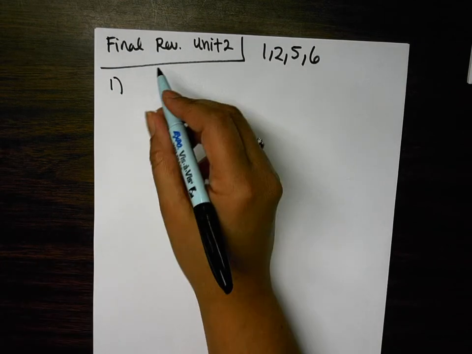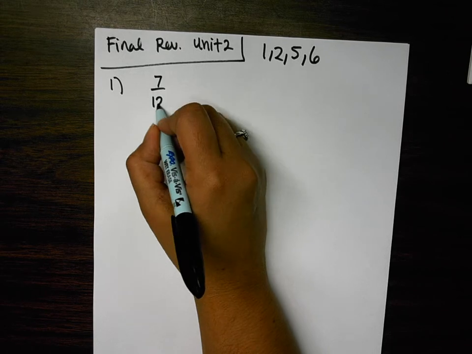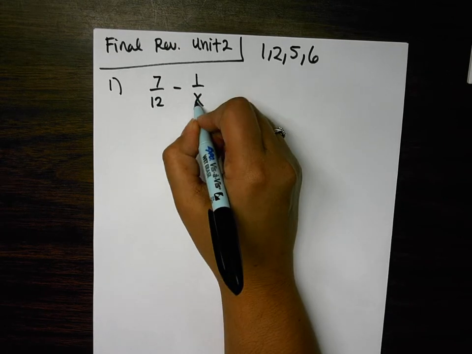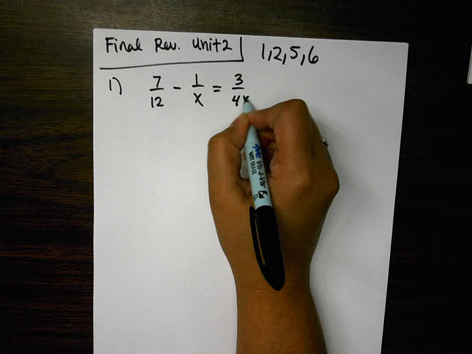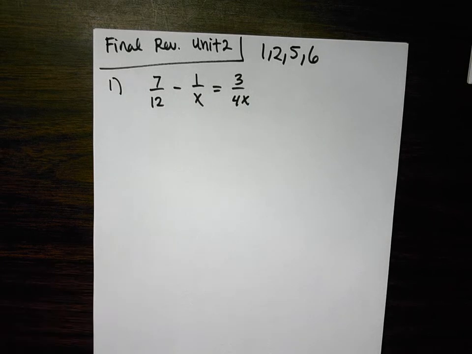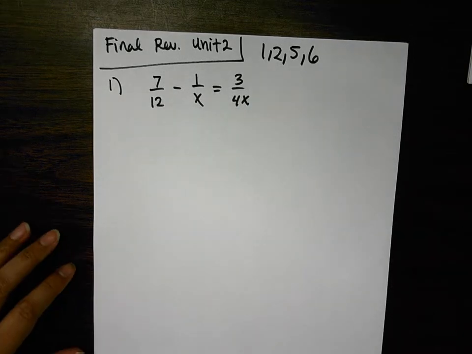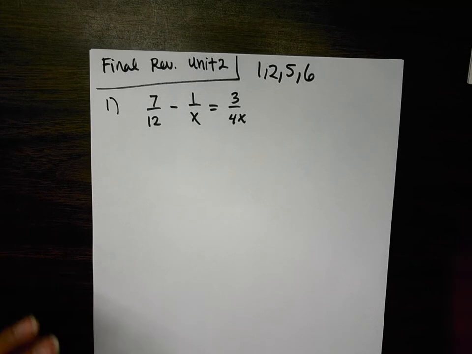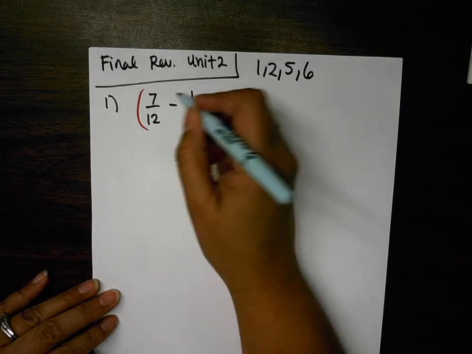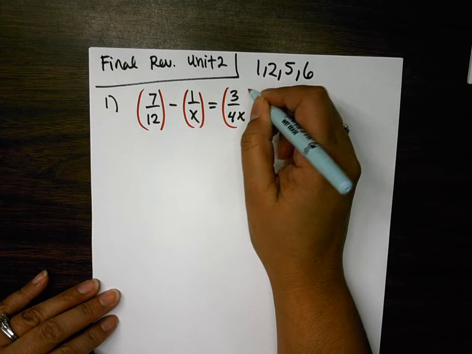Number 1, is this the one that's 7 over 12, minus 1 over x equals 3 over 4x? Nolani, can you tell me what you did? Well, I tried clearing everything by multiplying by the common denominator, so I did 12x.